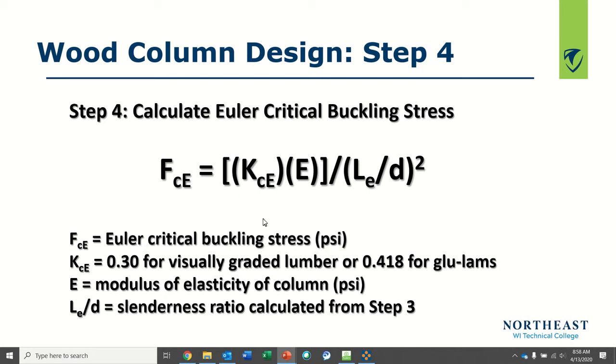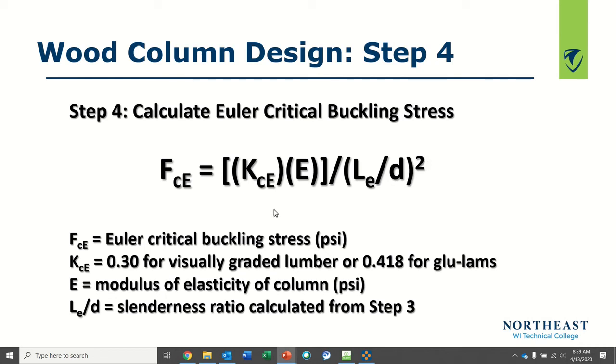Critical Euler buckling stress. KcE is 0.30 for visually graded lumber, Menards lumber, or 0.418 for glulams. These numbers are from your textbook. This is from chips and defects and stuff, because wood is not perfect. That times my modulus of elasticity divided by my slenderness ratio squared.